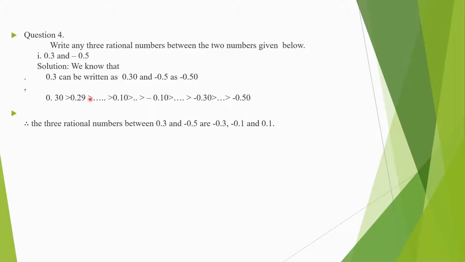So we can take any three rational numbers between 0.30 and minus 0.50. So we have taken the three rational numbers between 0.3 and minus 0.5 as minus 0.3, minus 0.1 and 0.1.